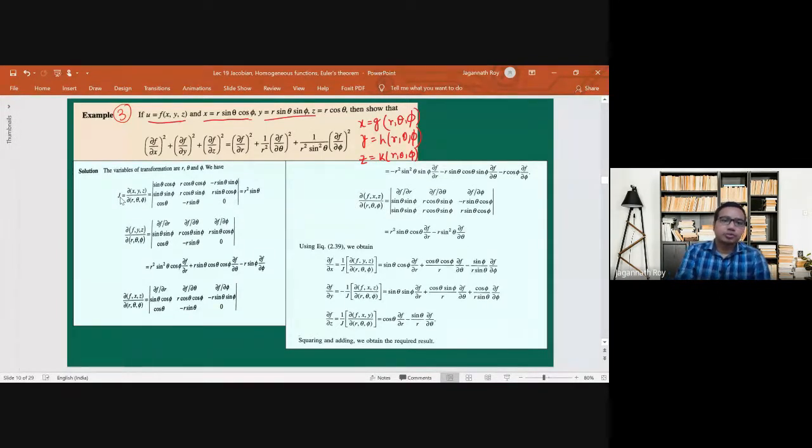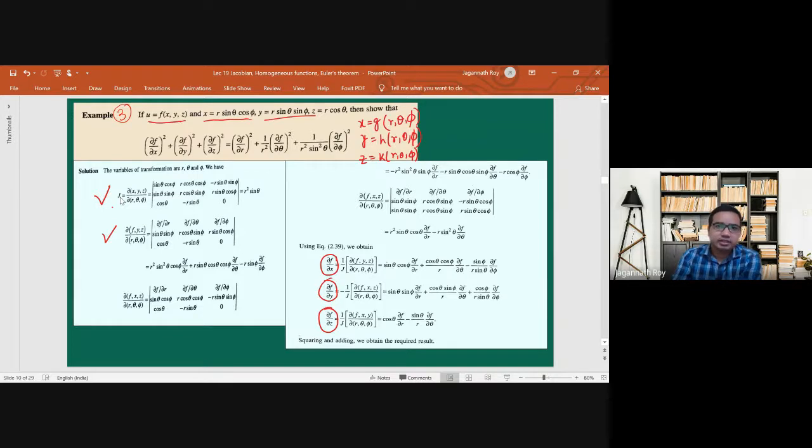So what we need to do? We need to calculate the Jacobian first. After that, we need to calculate each and every term so that we can find out the partial derivative with respect to x, with respect to y, and with respect to z.